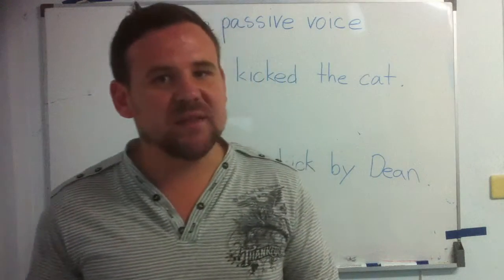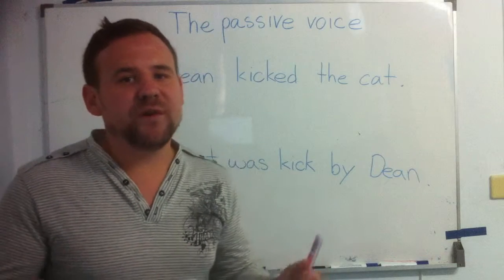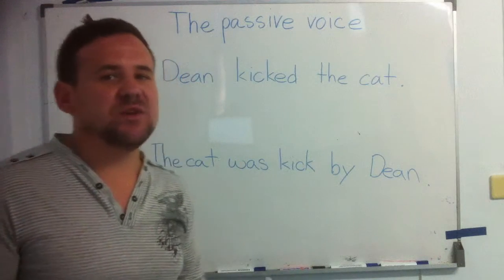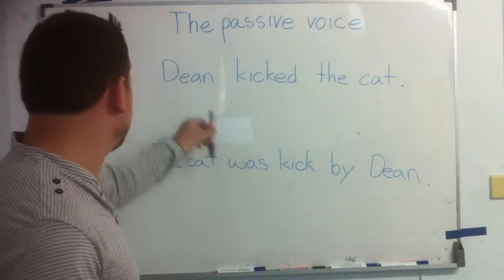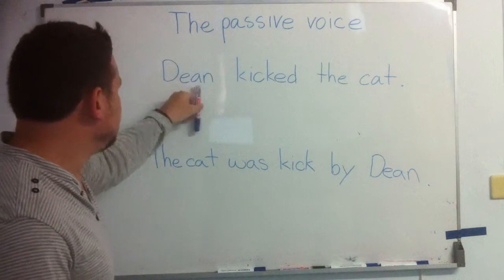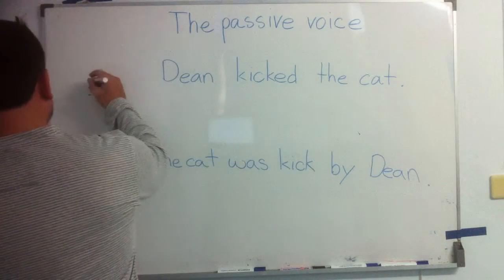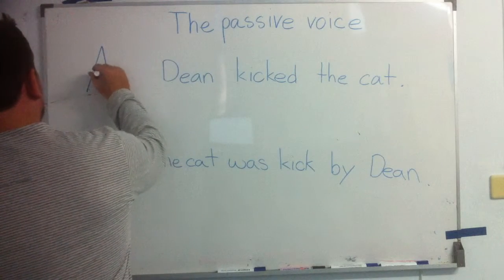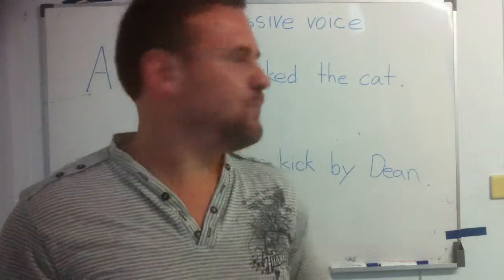Now remember what I said in the beginning, that in the active voice we focus on the person or thing that is doing the action. So in this sentence we are focusing on Dean. Dean kicked the cat. So this is now in the active voice. I'm going to put a big A for active.